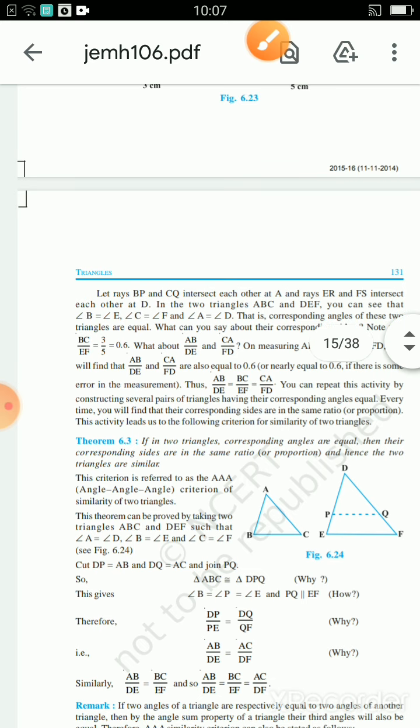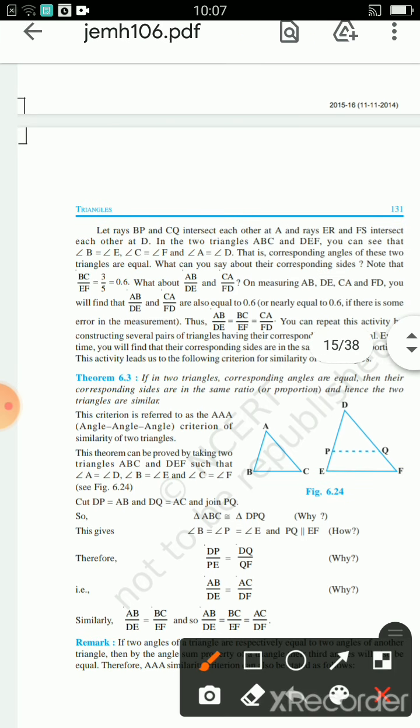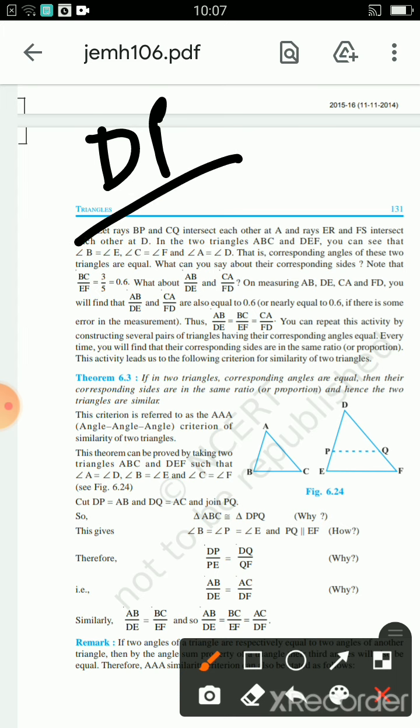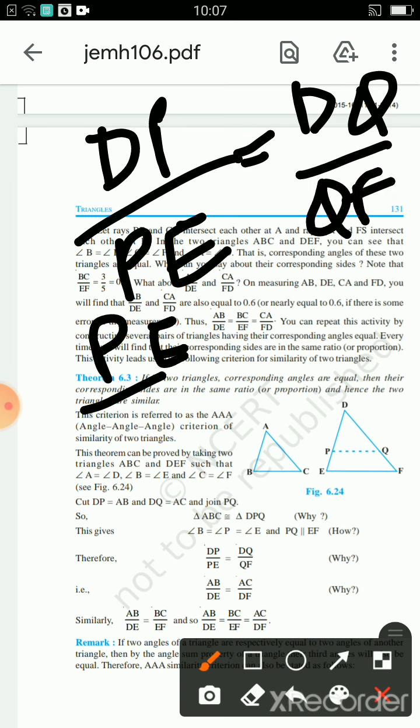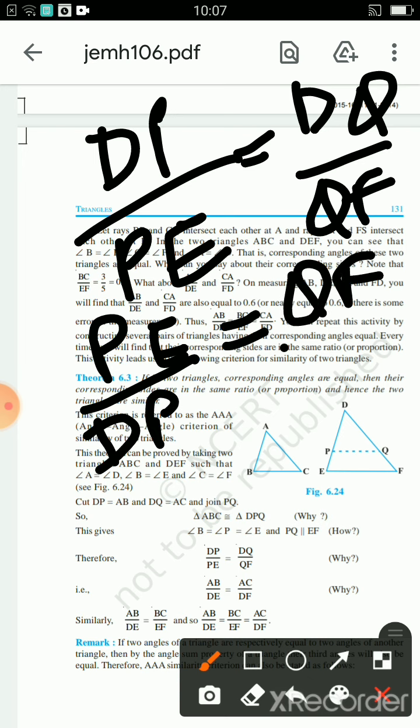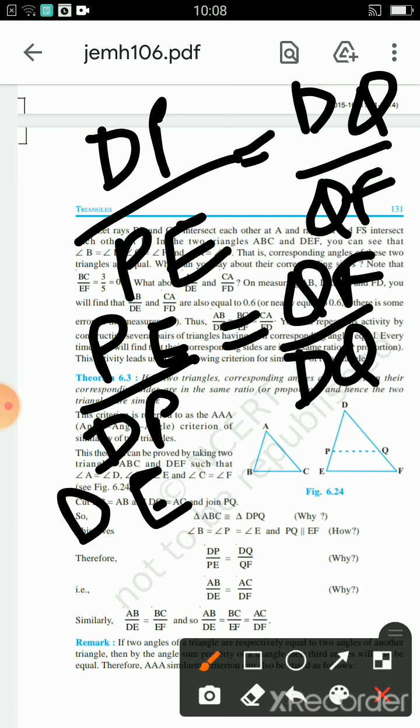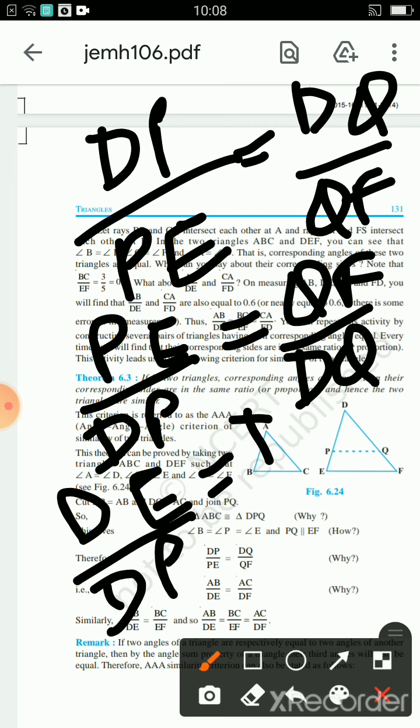On reciprocating we can say PE upon DP is equal to QF upon DQ. On adding 1 on both sides we get PE plus DP upon DP. PE plus DP is actually DE. So DE upon DP is equal to DF upon DQ.